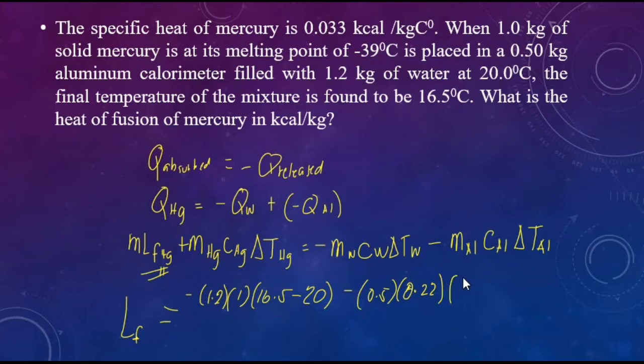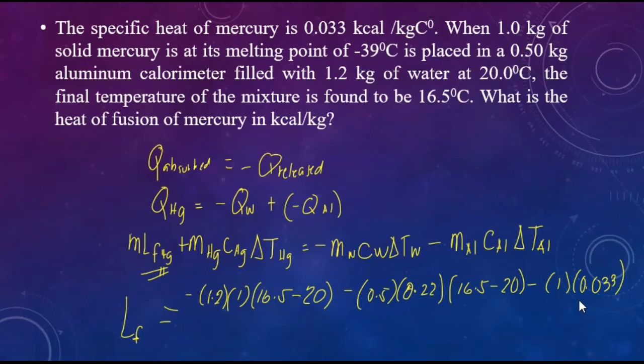And then for the delta T of the aluminum, the final temperature is also 16.5 minus the initial 20. Then we have transferred this one to the other side, so that will be negative also. The mass of the mercury given here is 1 kilogram. The specific heat capacity of mercury is 0.033.